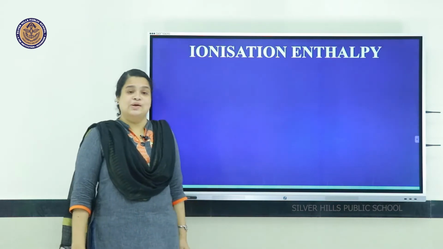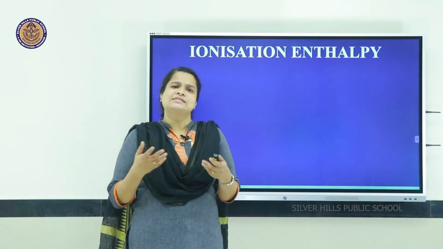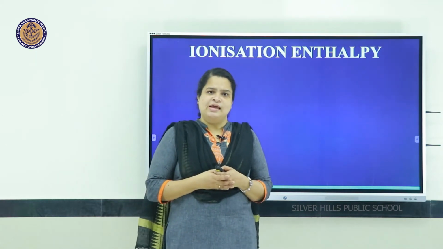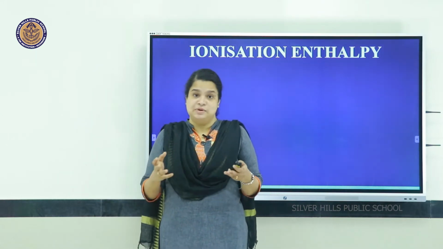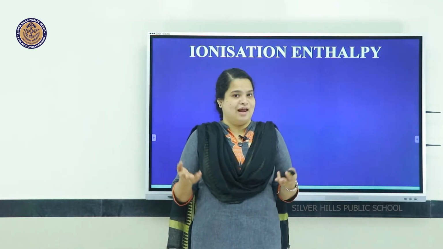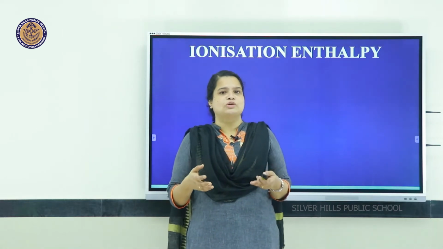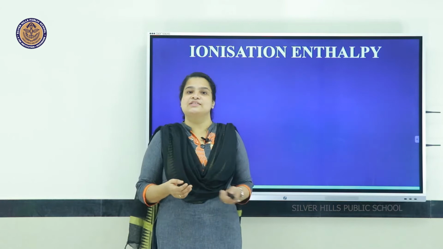Now, let us see what this ionization enthalpy is. To understand ionization enthalpy, in the last video we discussed atomic size. We gave a very simple example, which is your classroom and your auditorium. Here also, let us move on to the same example to understand this term.